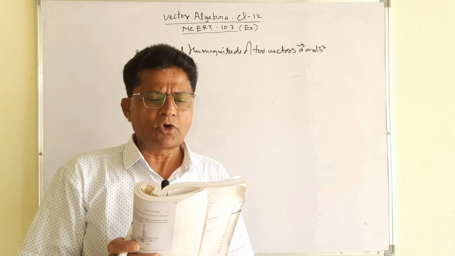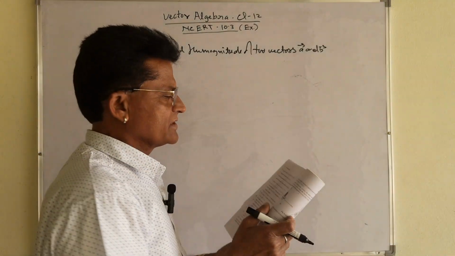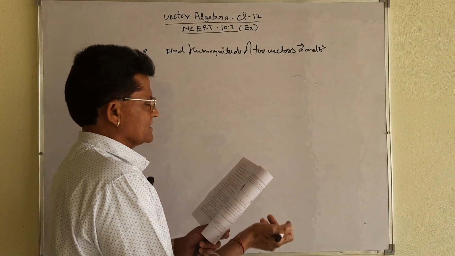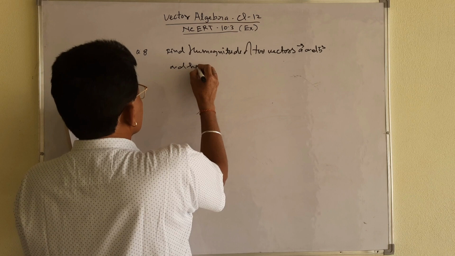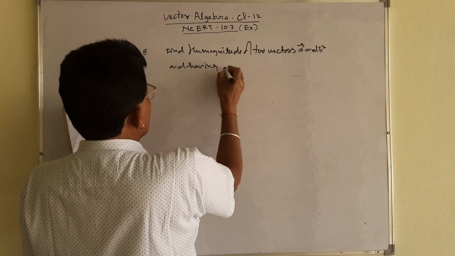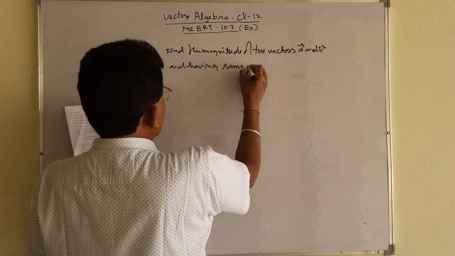Find the magnitude of two vectors A and B having the same magnitude and such that the angle between them is 60 degree.